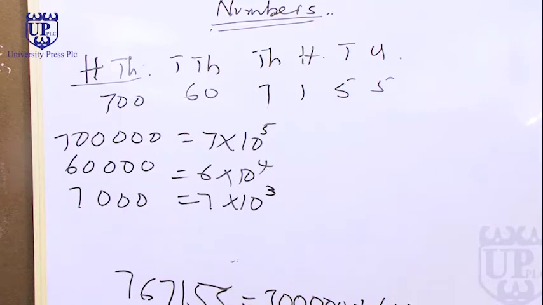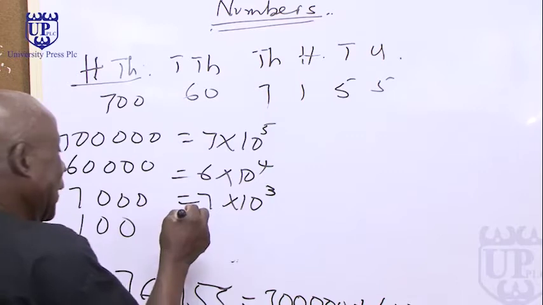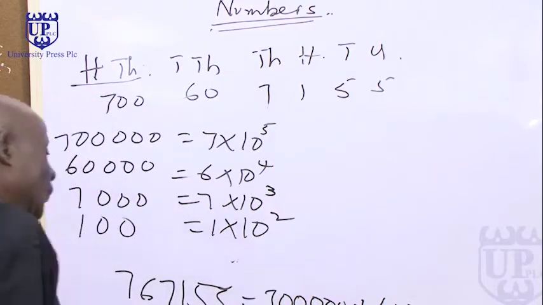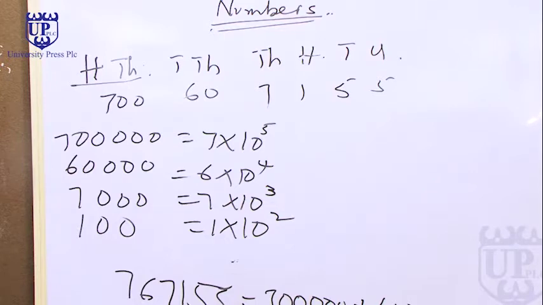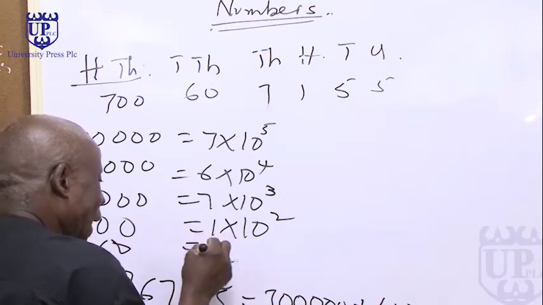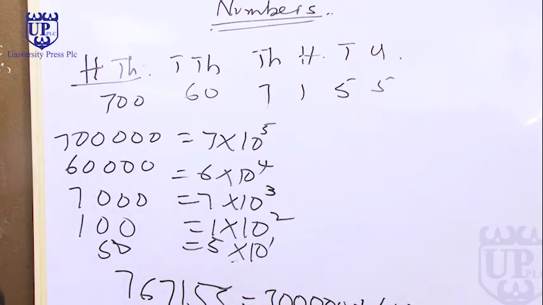Now 100 is 1 multiplied by 10 raised to power 2. Now 50 is the same thing as 5 multiplied by 10 raised to power 1.